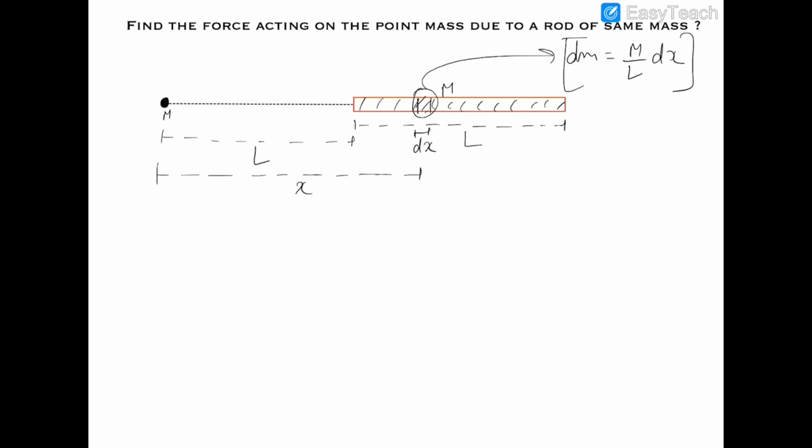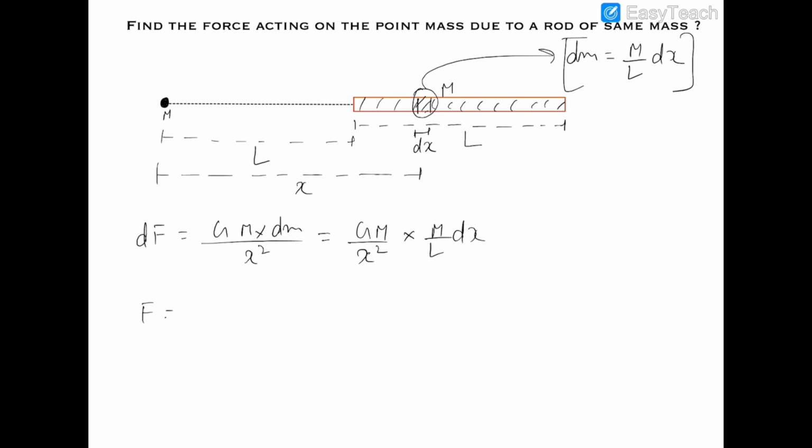Okay, so the gravitational force acting on this mass due to this element would be G m into dm divided by x square, G m1 m2 by x square, and the value of dm is m by L into dx.